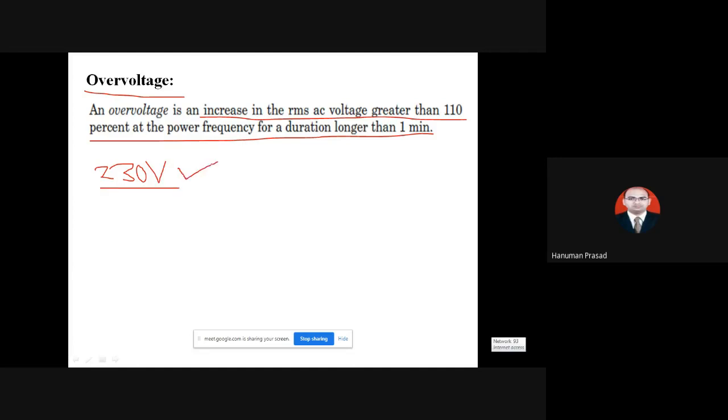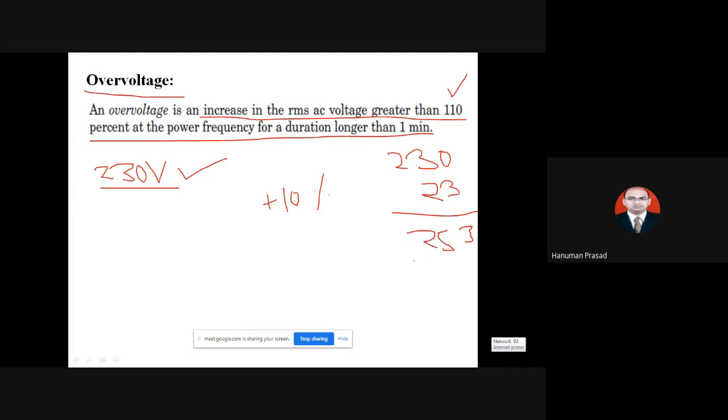If we are getting more than 110%, that means plus more than 10%. 10% of 230 is 23 volt, so 230 plus 23 is 253.